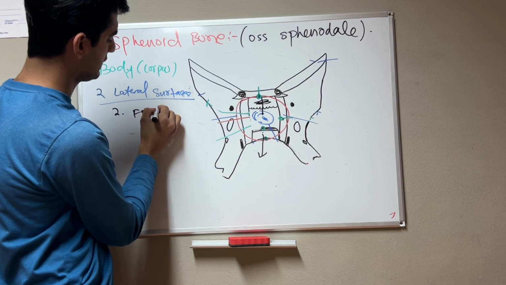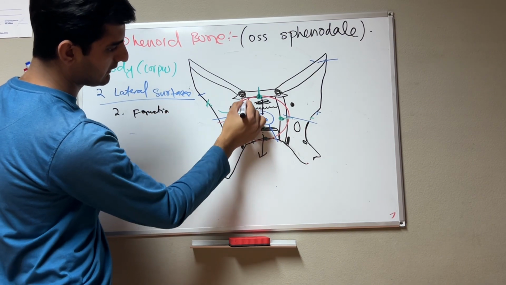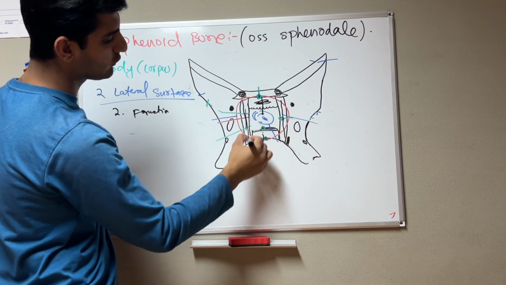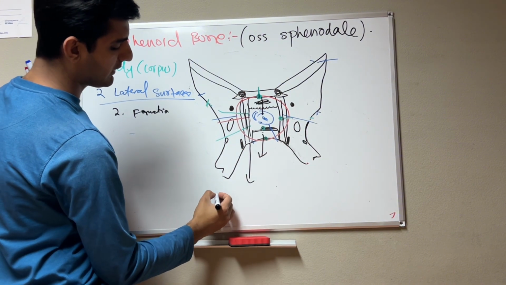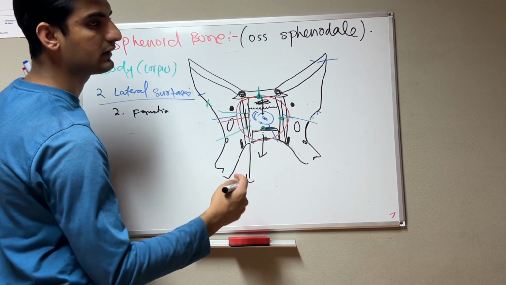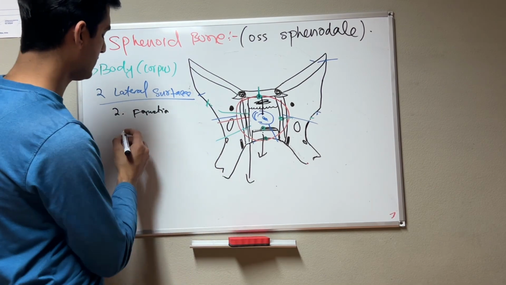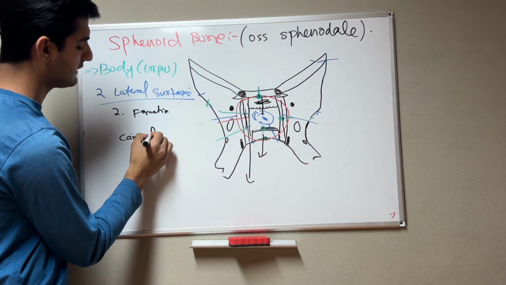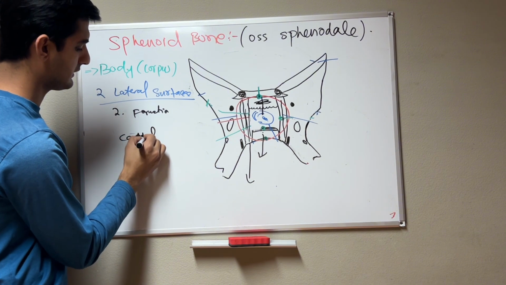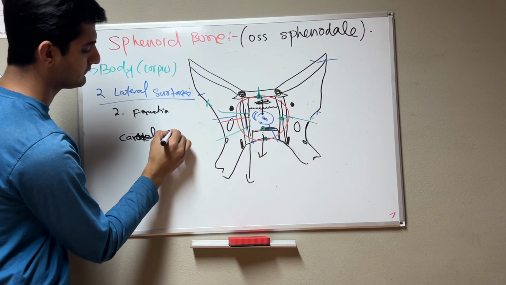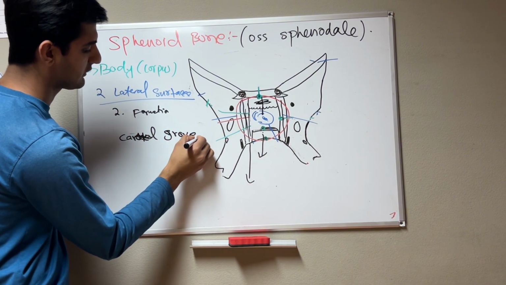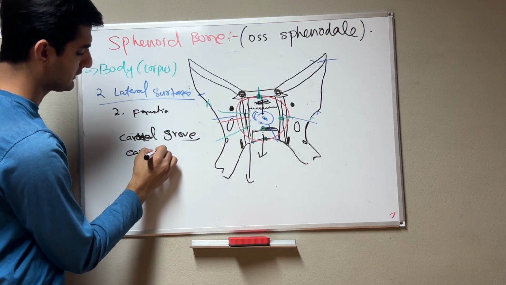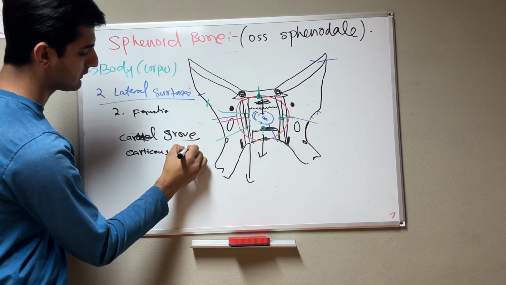The first one, as I told, is a groove. This groove is the groove for the carotid artery, meaning the carotid groove, or sulcus caroticus in Latin.